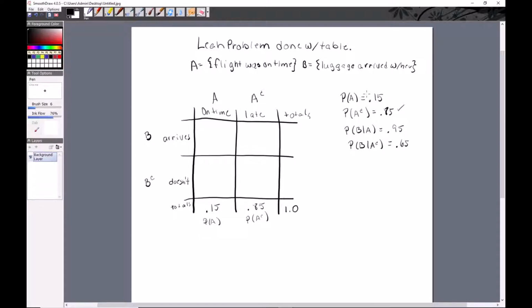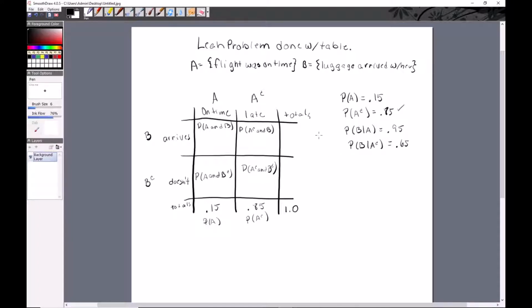That's all we've got, but we do have these relationships, and we have some formulas. This would be the probability of A and B. This will be the probability of A complement and B. This will be the probability of A and B complement. And this will be the probability of A complement and B complement.